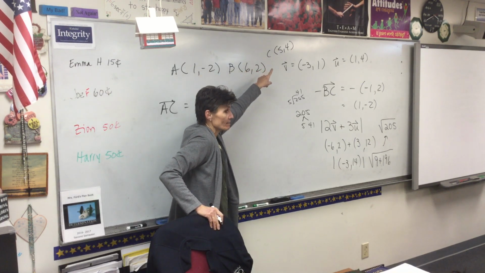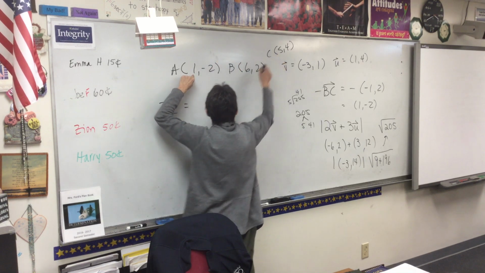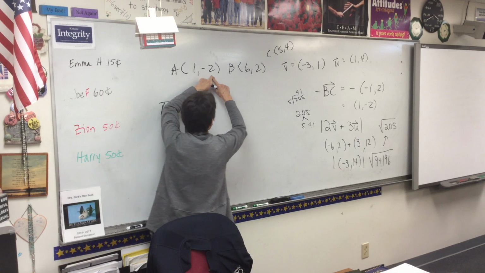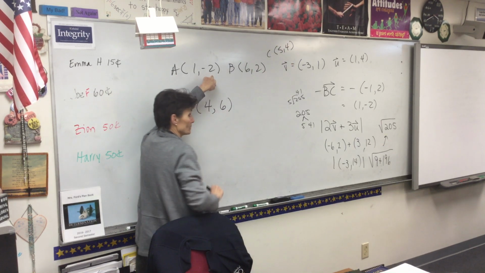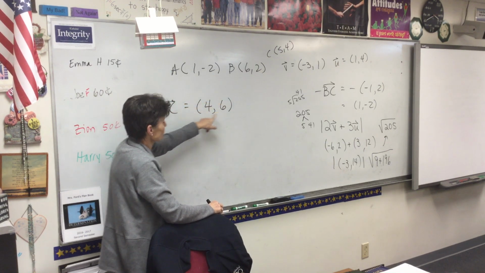A to C. So we're going from 1 to 5 and from -2 to 4. So the vector from A to C is 4, 6.